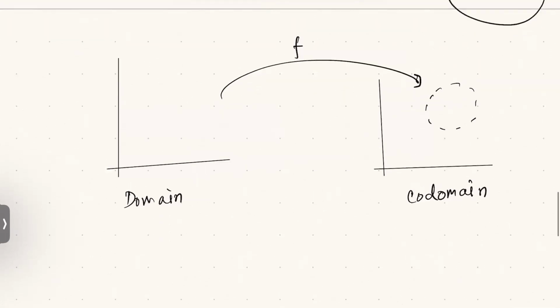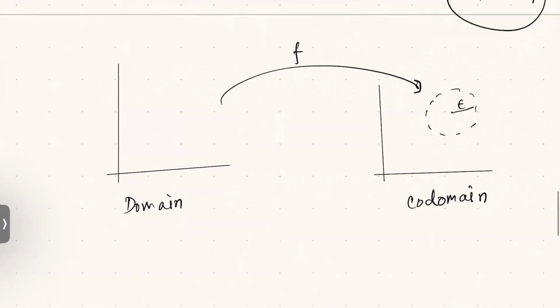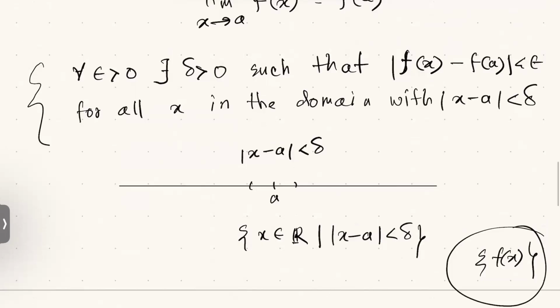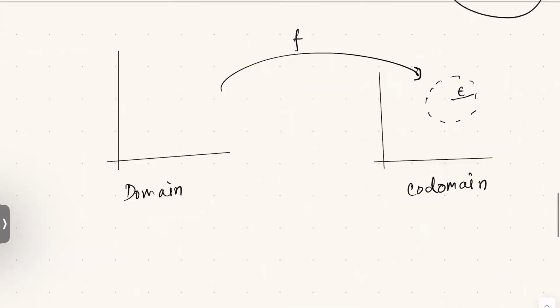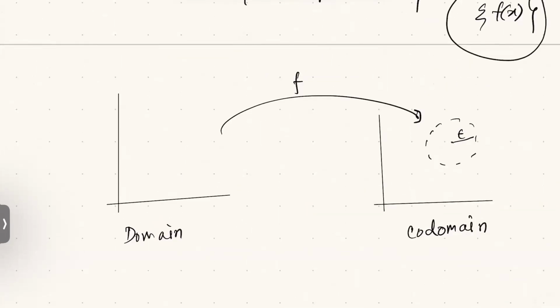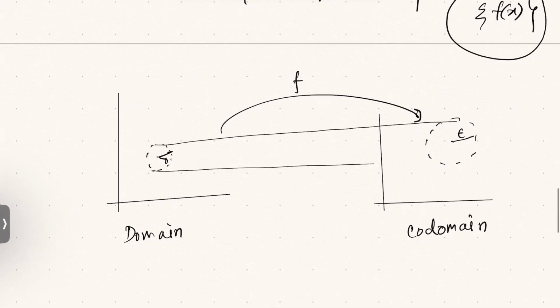Now, if I consider a specific epsilon, let's say this is the epsilon, then the definition says there exists a delta. That means if I choose any epsilon in the codomain, then I will definitely have a delta in the domain, and this whole thing maps here to there.